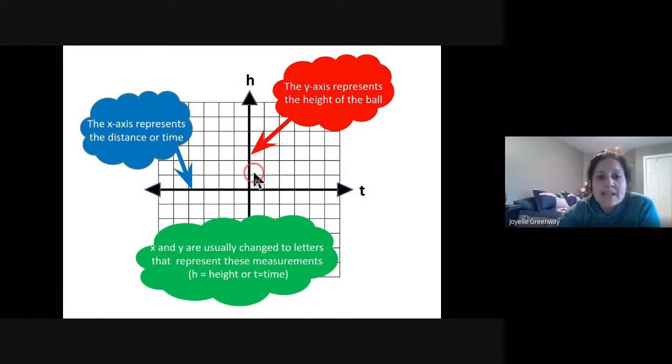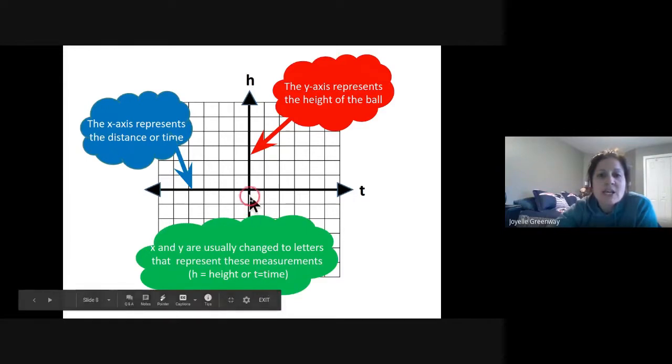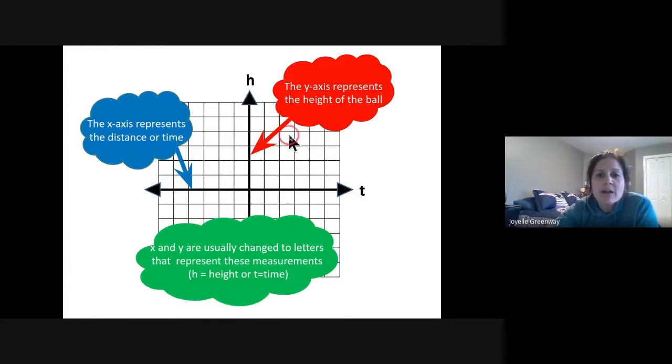X and Y are usually changed to letters that represent these types of measurements, so H or T. A parabola for that basketball would look something like this, where the ball reaches its peak, the very top part before it starts to come back down into the net.